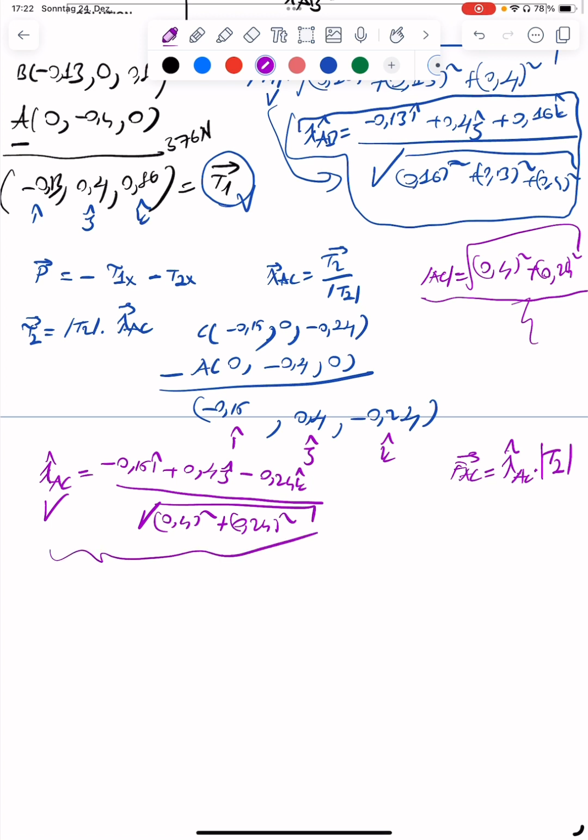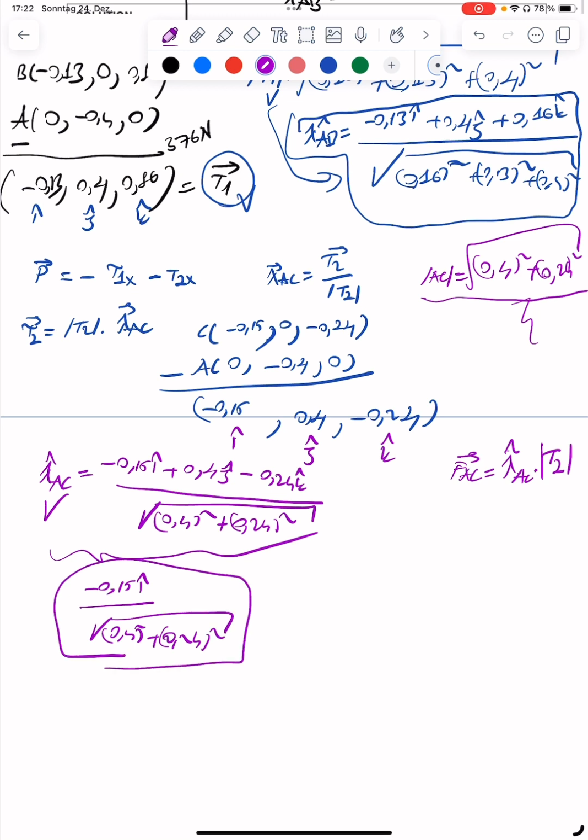we can get in the x-axis 0.15 I hat divided by the square root of plus 0.24 squared. Here is the T2 in the x-axis.